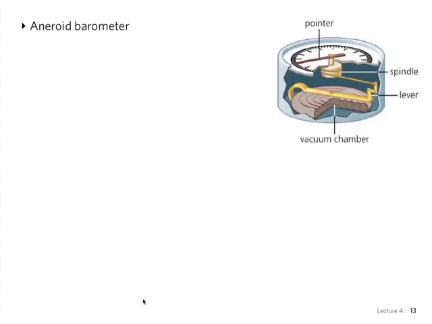This other one is called the aneroid barometer. It's also a very classic device. Again, we have a metallic element, which in this cartoon is a cut through what is really like a little pillow of metal. This little pillow of metal is hollow and evacuated.